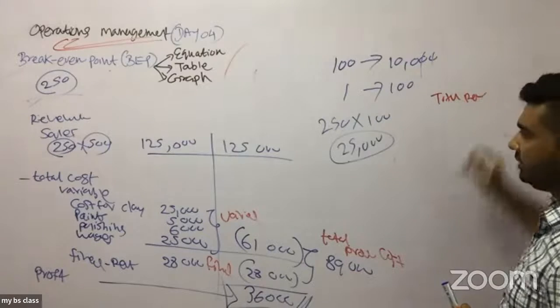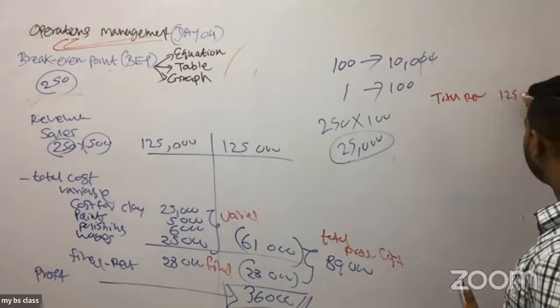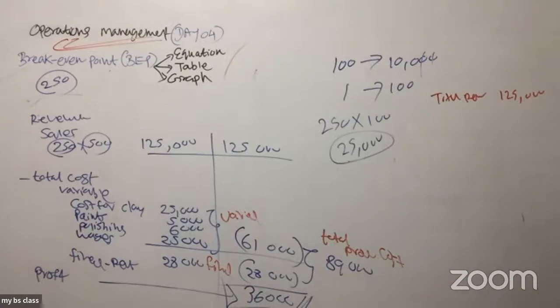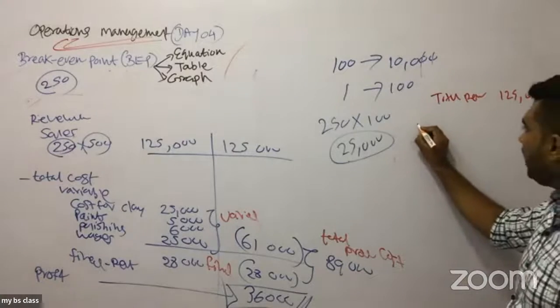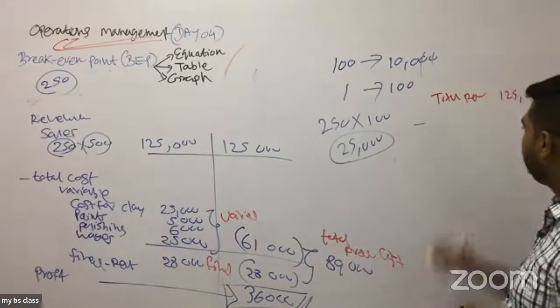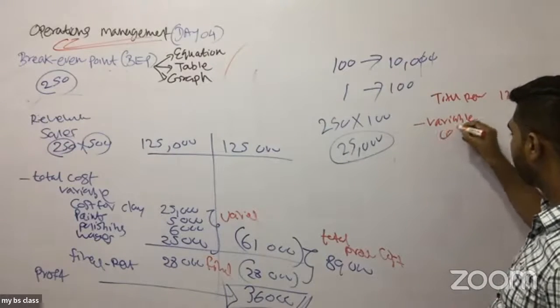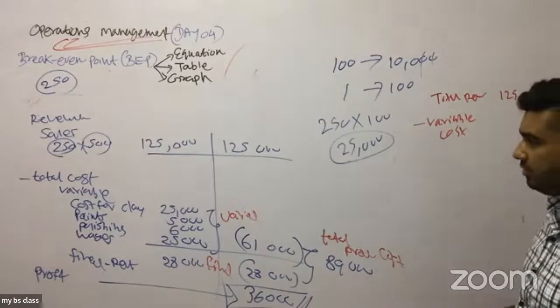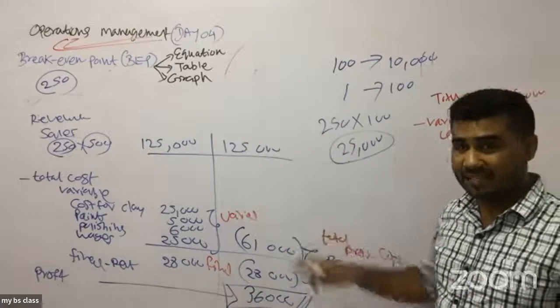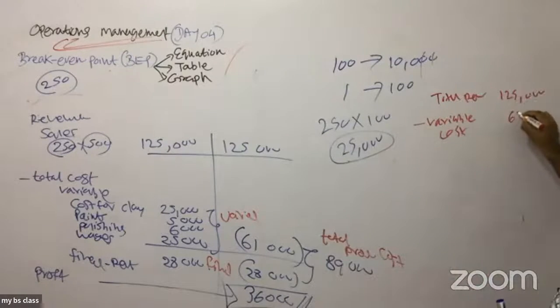125,000, and from the total revenue I first deduct the variable cost. Right, how much is the variable cost? 61,000. What answer do I get?